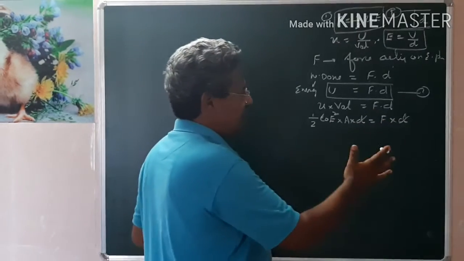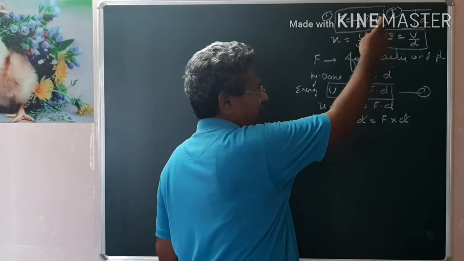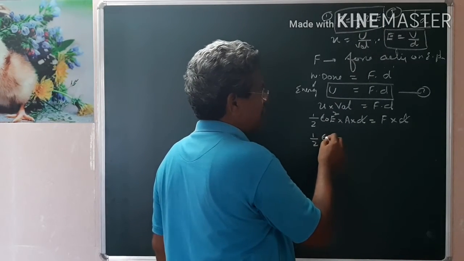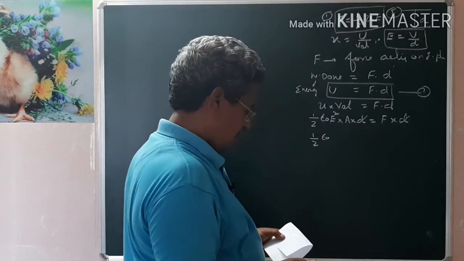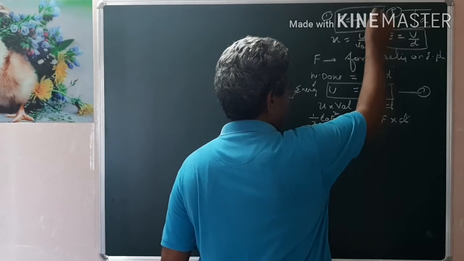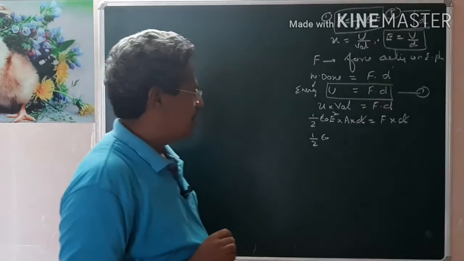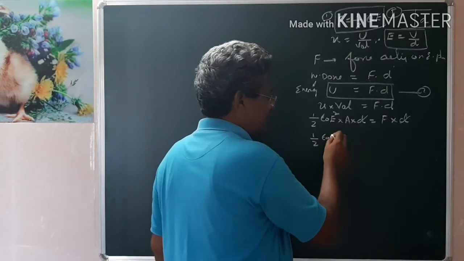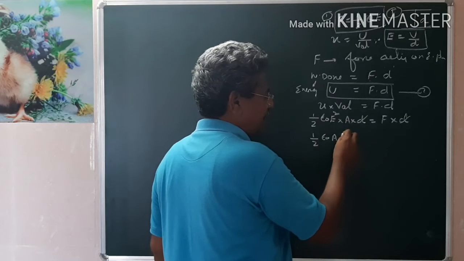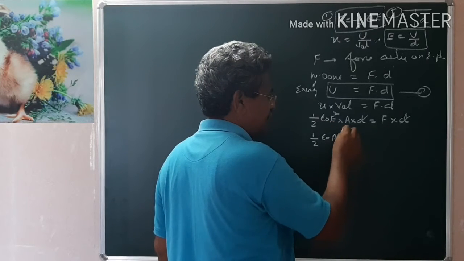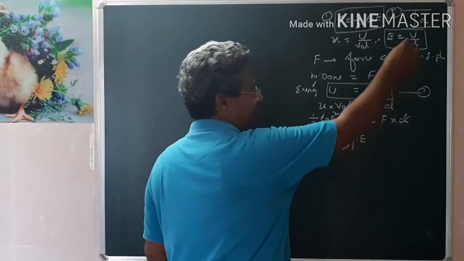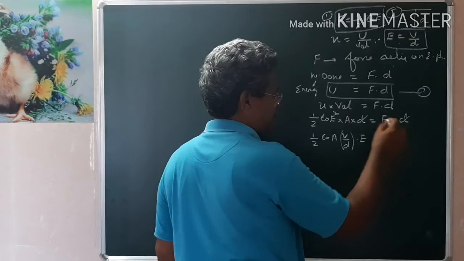Now I am separating this such that I get the expression for F in terms of E. F equals half epsilon naught E A times E, and this E can be written as V by D. So F is equal to half epsilon naught A by D into V into E.